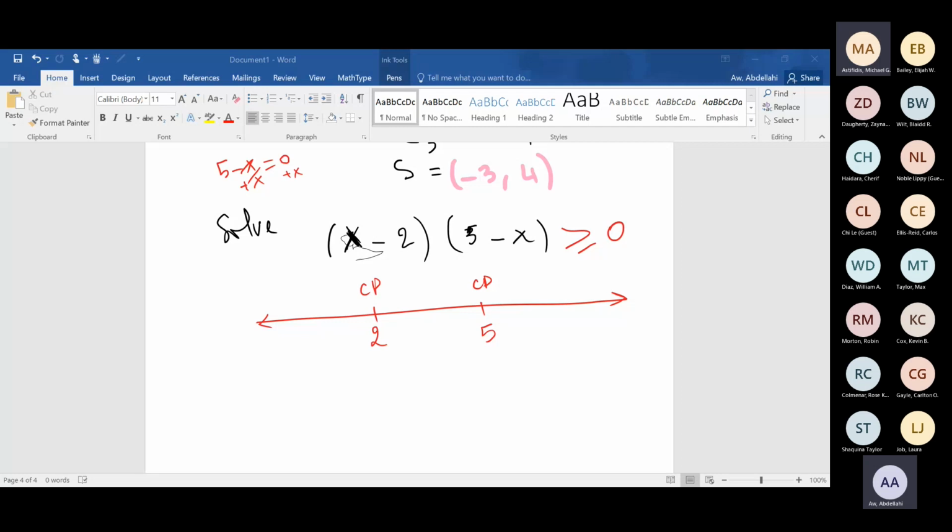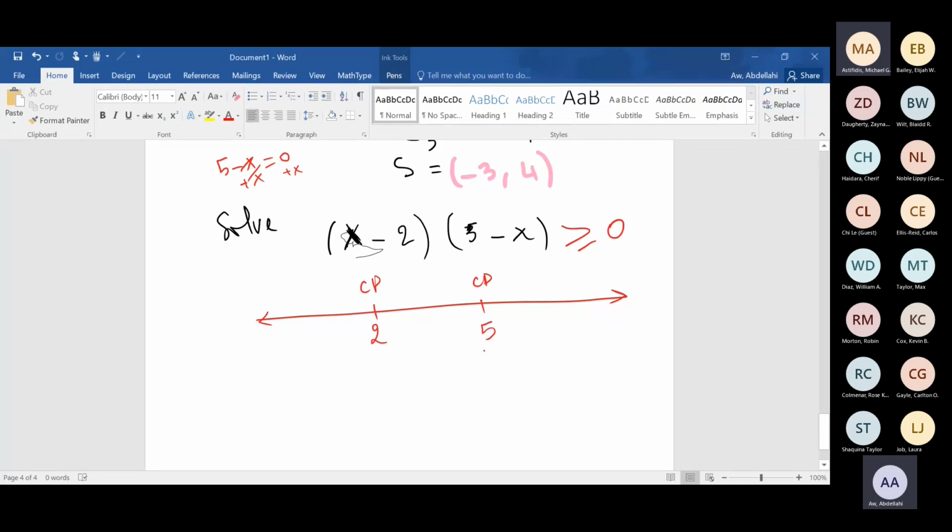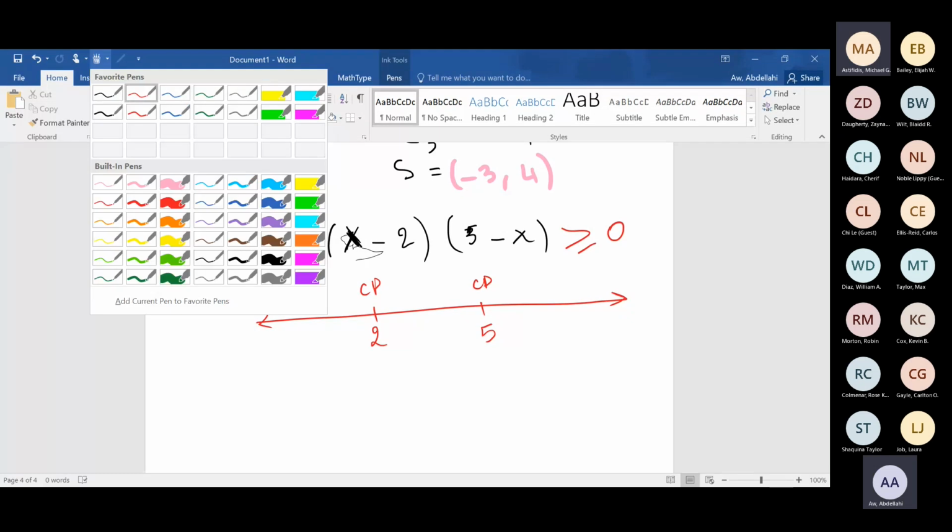All right, everybody, can you tell me what sign you have to the right of 5? The plus sign or the minus sign? Negative. Thank you. It's negative, right?